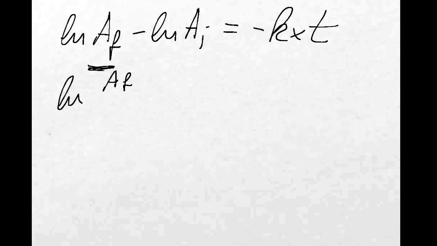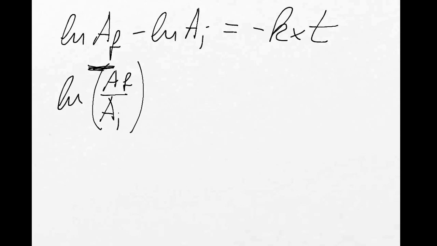Well, I can rearrange this equation. I can, for example, say ln of A final divided by A initial. This is exactly the same as this expression here. It's just simply the rules of logarithms.